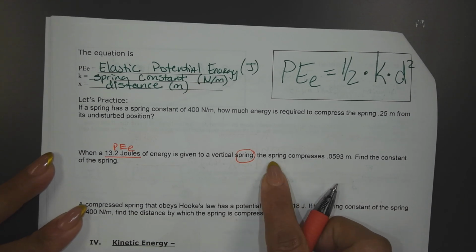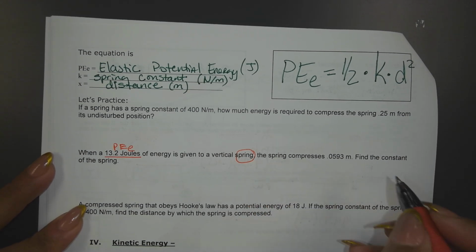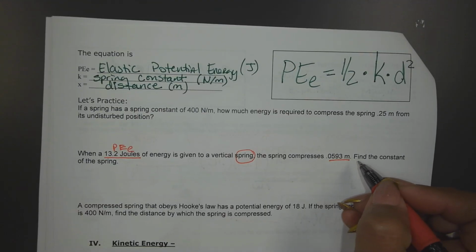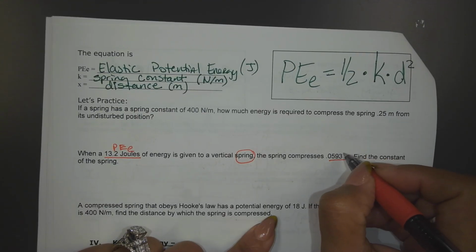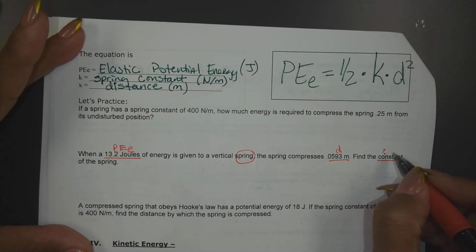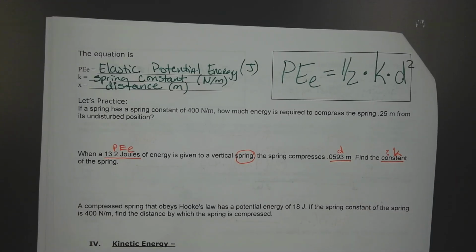The spring's compressed to a distance, location, position, all of those words work. So I'm going to put a lowercase d, 0.0593 meters. Find the constant, k. Find the spring constant, or the k value.